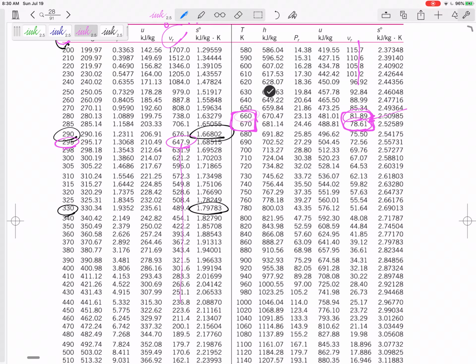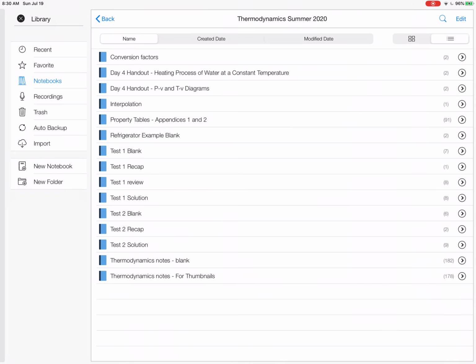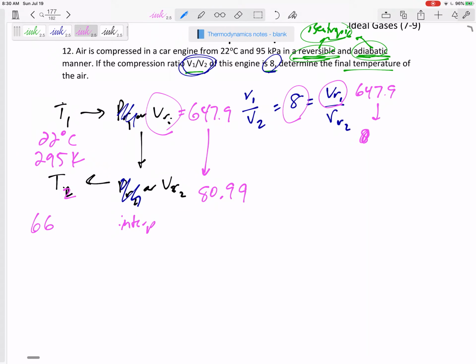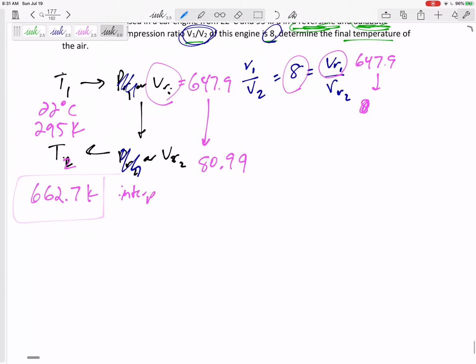Is 80.99 closer to 81.89 or 78.6? I think it's closer to 660. All right, see if you can do that. I've got 662.7 Kelvin. If you want to subtract 273 to get it in Celsius, you can as well.